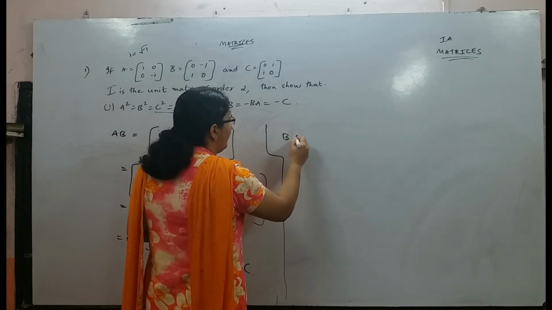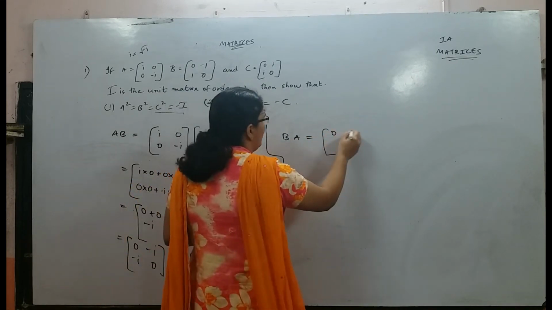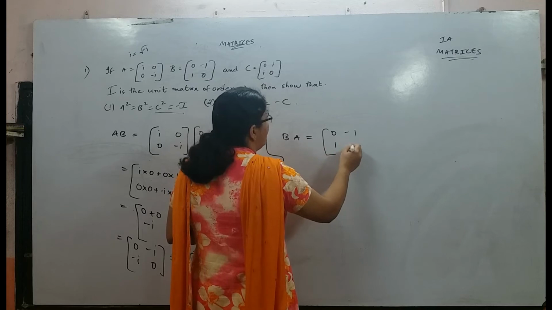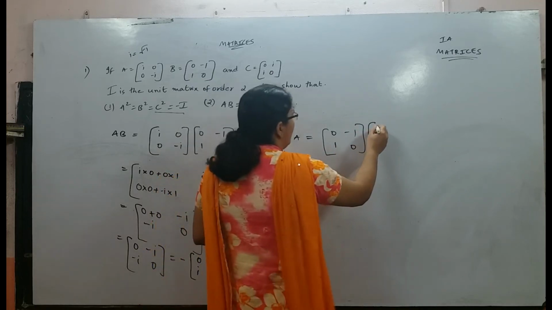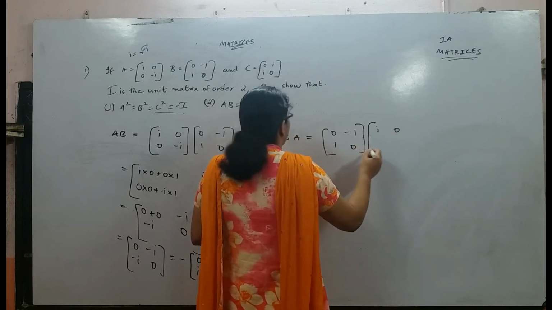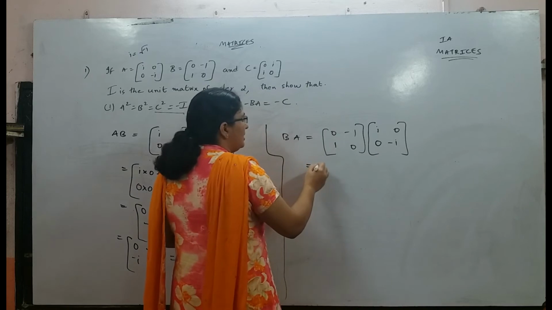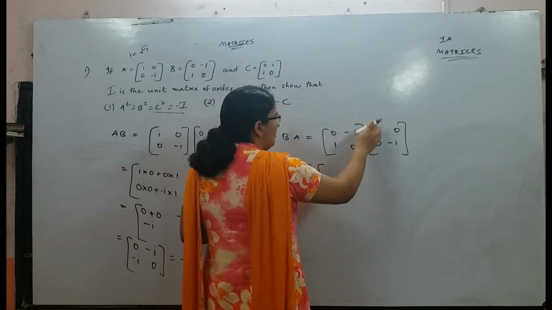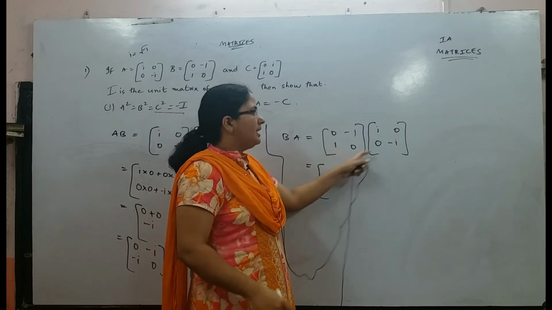B into A. First you write B. What is B? [0, -1; 1, 0] into A, [i, 0; 0, -i]. Now, this is nothing but first row first column, first row second column, second row first column, second row second column.